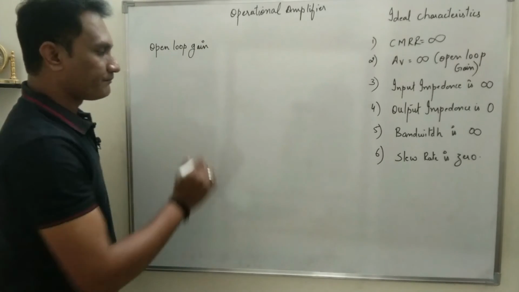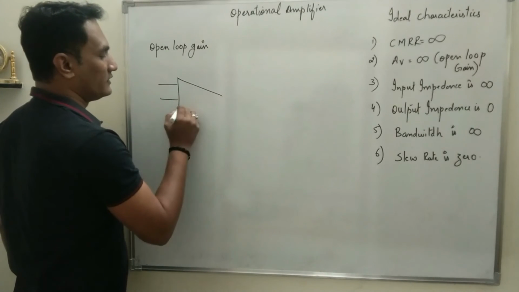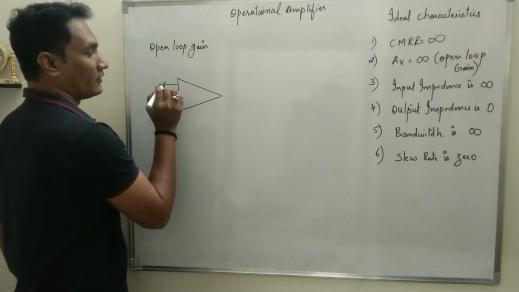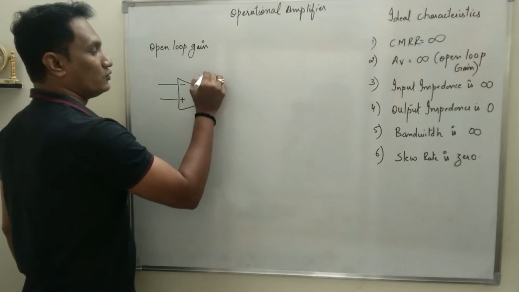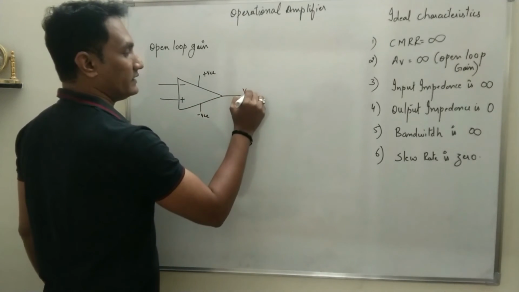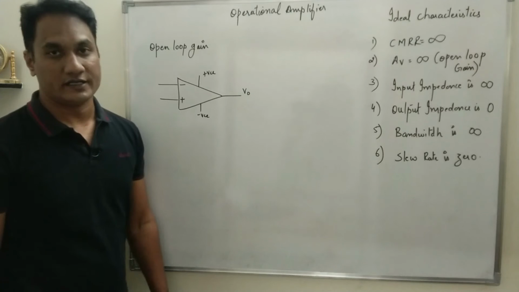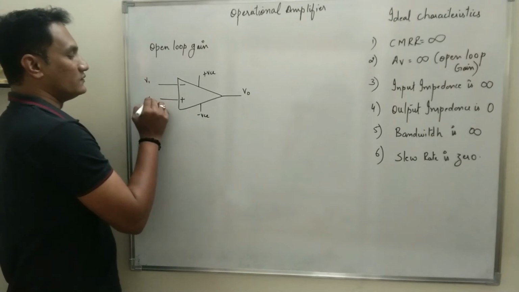In the previous video we have drawn the symbolic representation of op-amp. We have 2 terminals, 2 power supplies, plus VCC and minus VCC, and there is the output voltage. The 2 terminals, this is V1, this is V2.